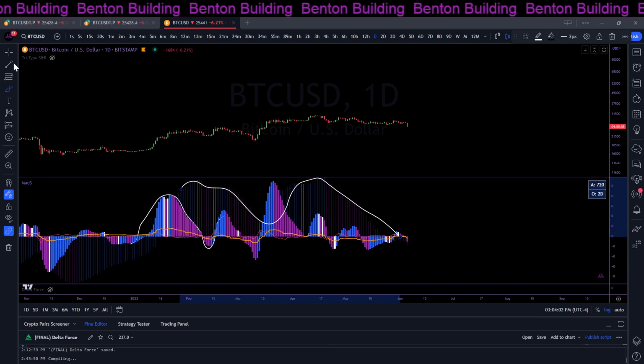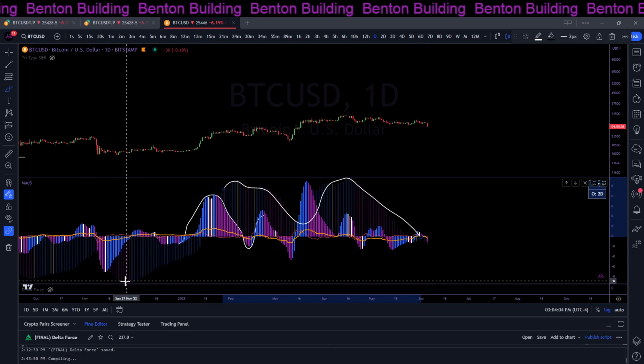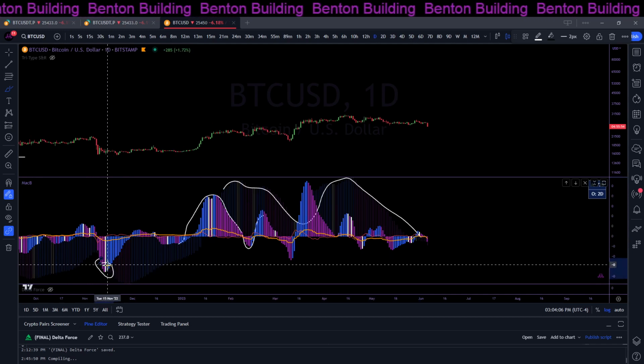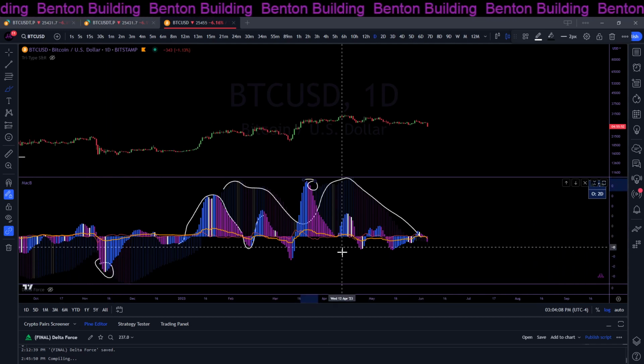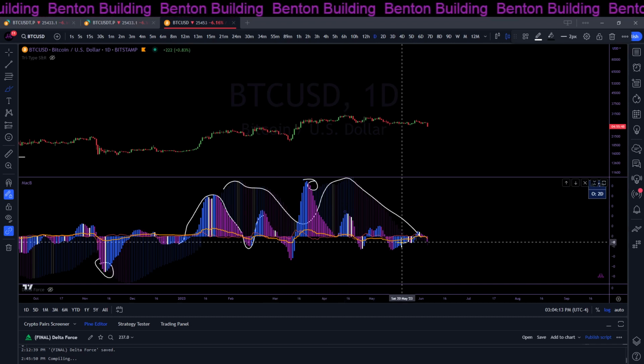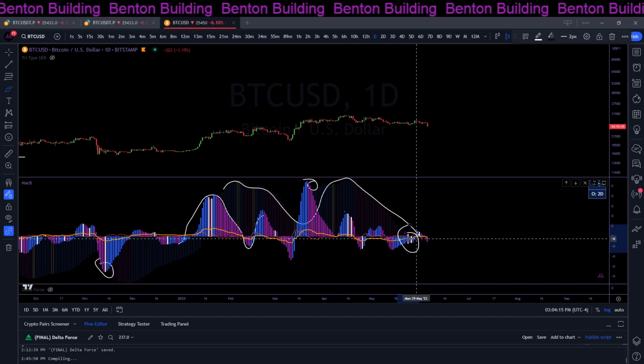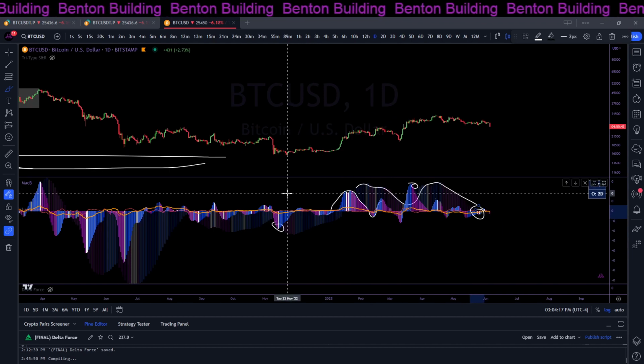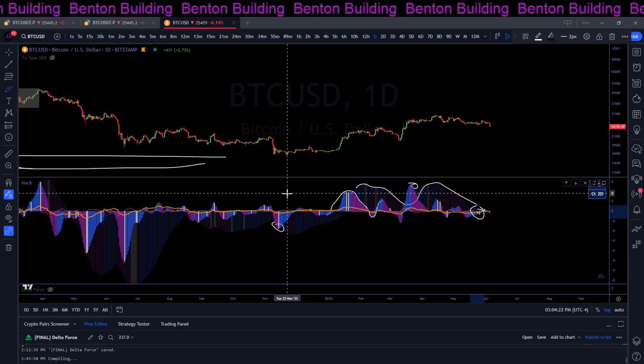You can see that typically these white lines come at a point of reversal, but not all the time, because these whites can come when we're just not doing anything, like right here. We're trying to do something, but we're not. Otherwise, purple coming down, blue coming up, that's pretty easy to understand.